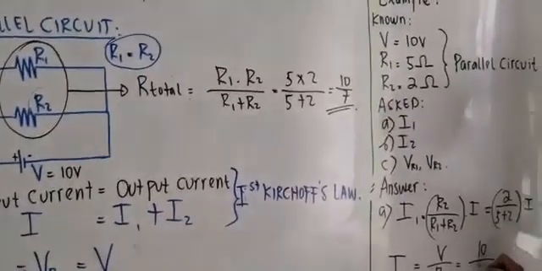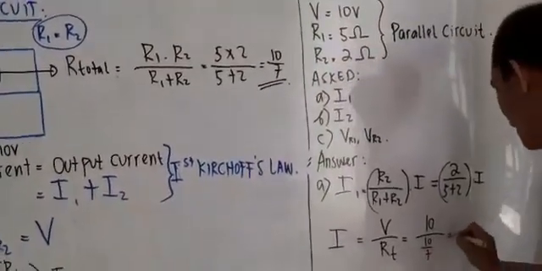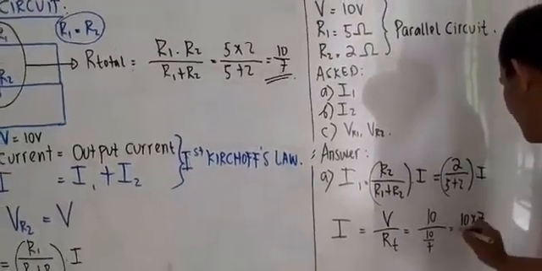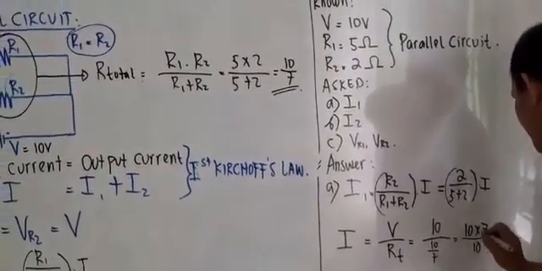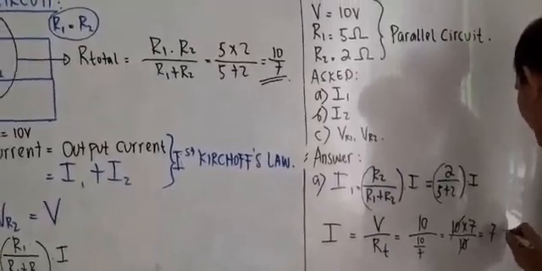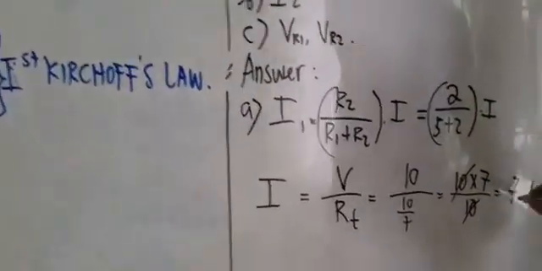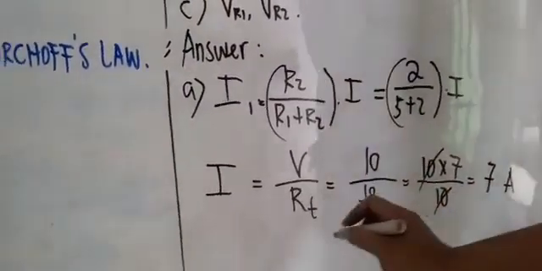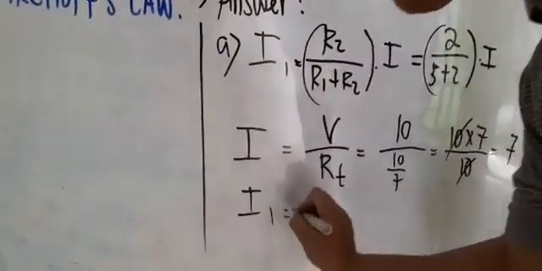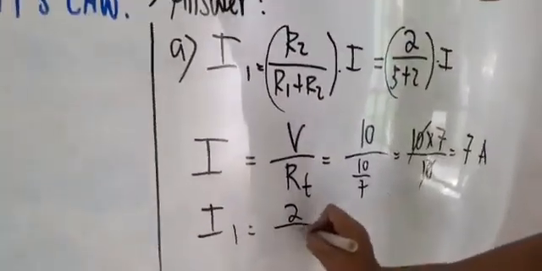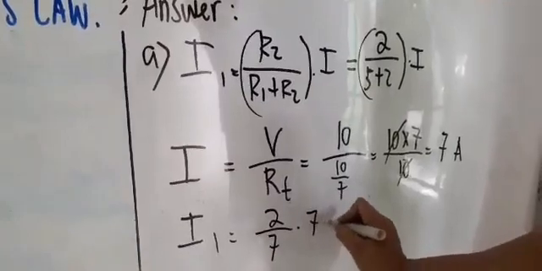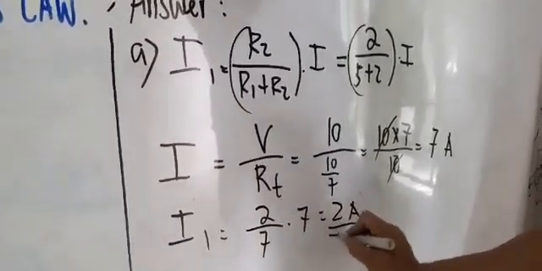So this is 10 per 7, and 10 divided by 10 per 7 is equal to 7 amps. So we put this number in here. So I1 is equal to 2 over 7 multiplied by 7, which is equal to 2 amps.